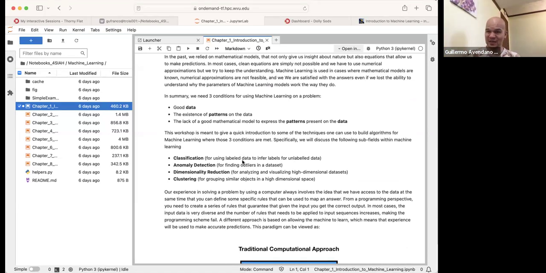One, for example, is classification. Let's say, imagine that you receive electrocardiograms and you want to predict if the pattern is consistent with some arrhythmia, some heart condition. A human expert can see very quickly an electrocardiogram and identify the patterns there.